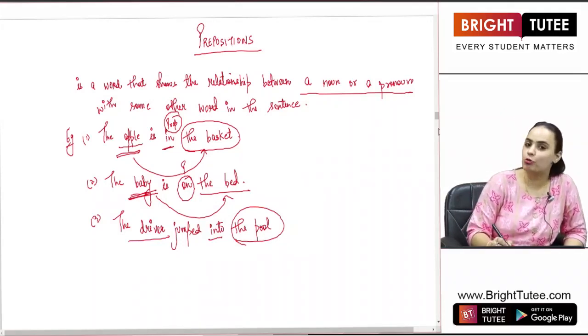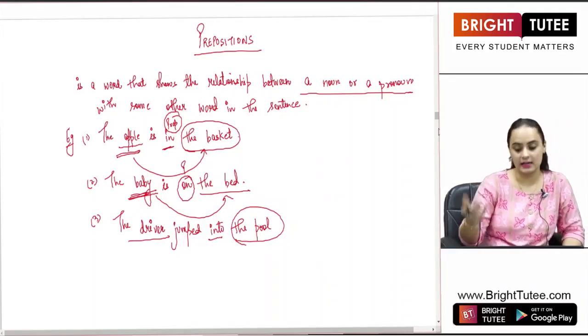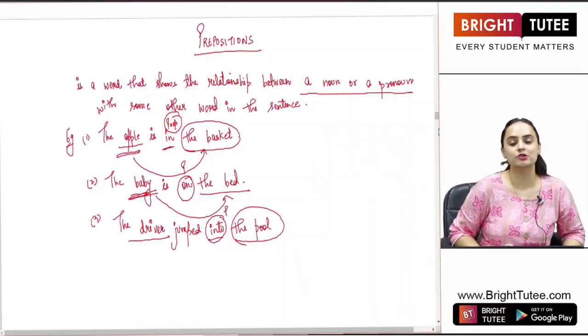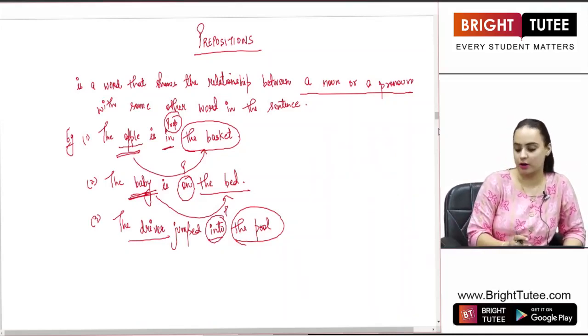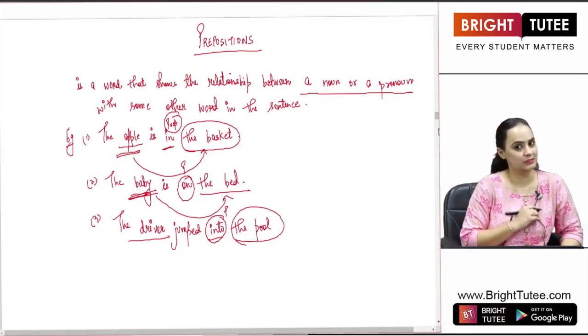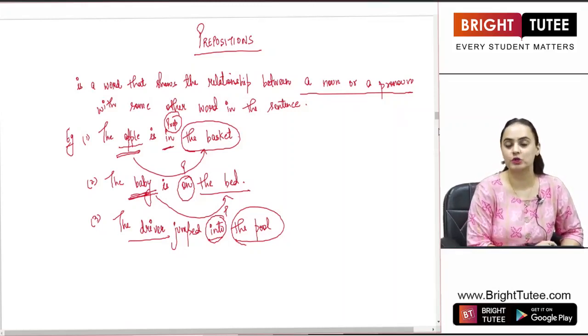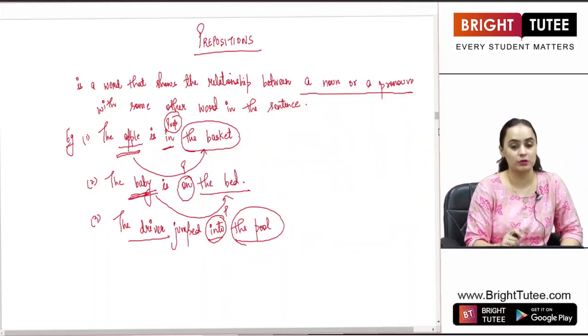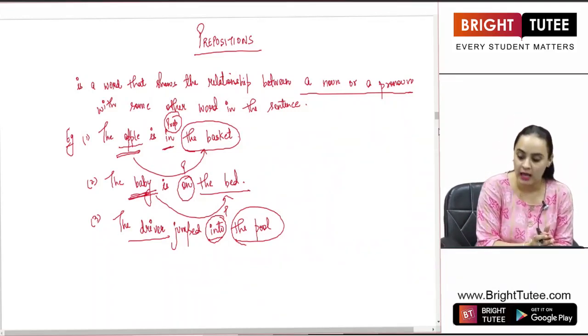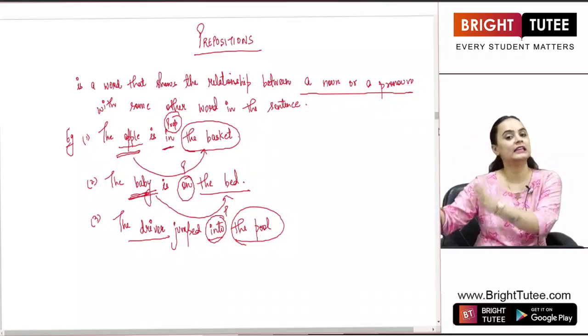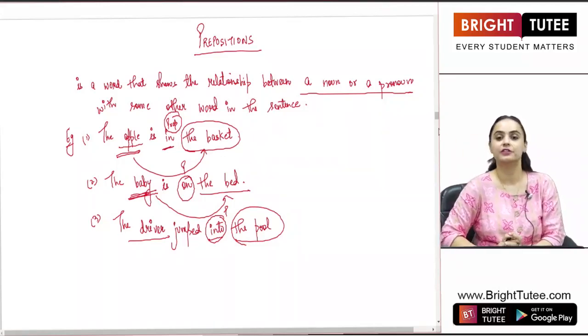So my noun is the driver and the preposition is into, which establishes the relationship between driver and pool. So a preposition is that word which shows a relationship between a noun as well as any other word that is given in the sentence.